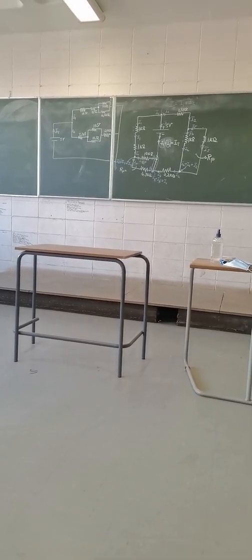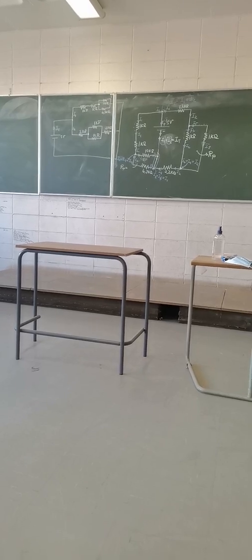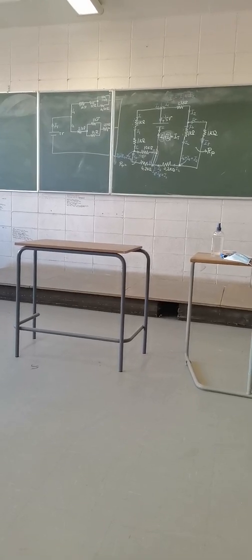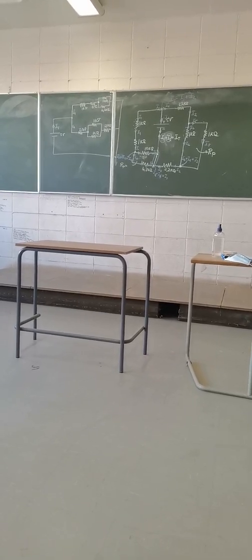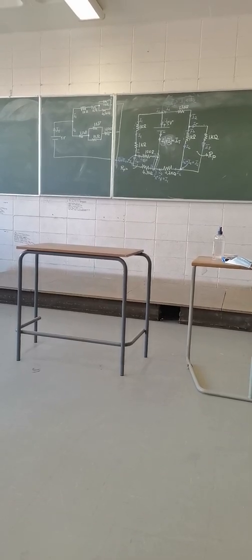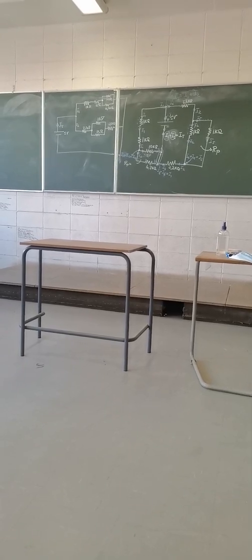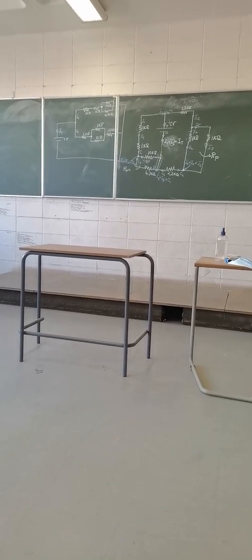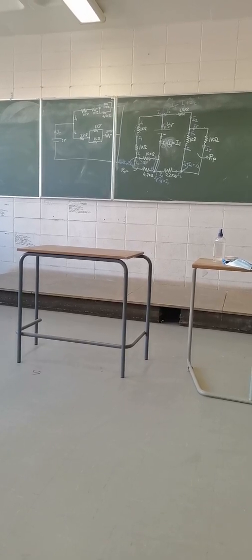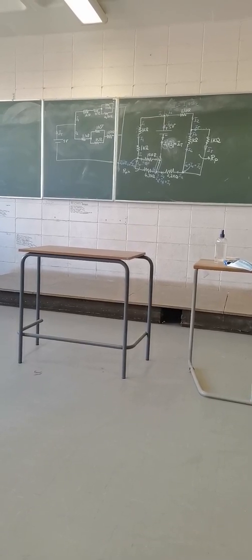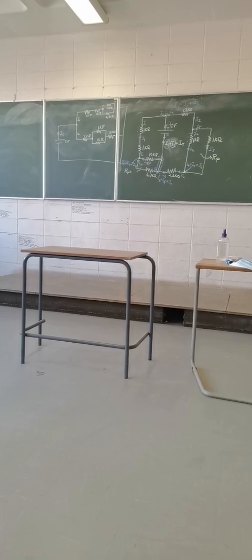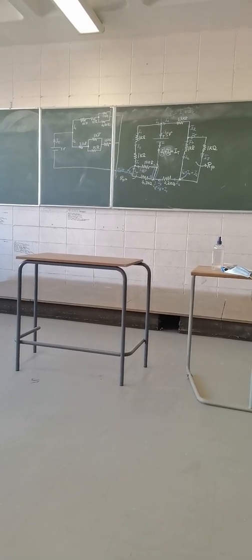Now, you must be able to manipulate. When do I use the current divider rule? What magnitude is needed for the current divider rule? And please do not confuse that magnitude.